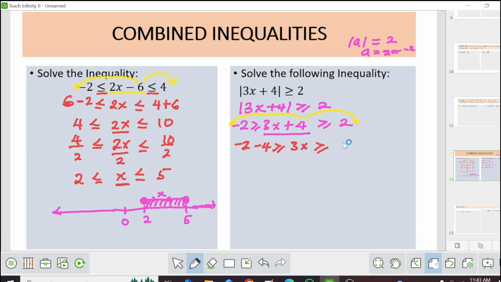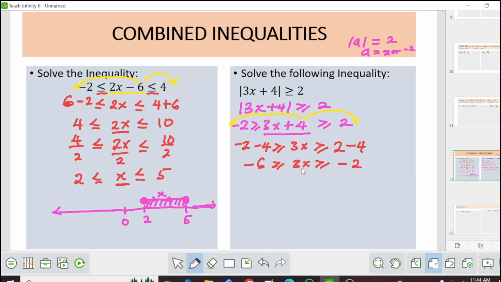Minus 2 minus 4 gives me minus 6, both of them negative. So 3x is greater than or equals to minus 6, and 2 minus 4 gives me minus 2.